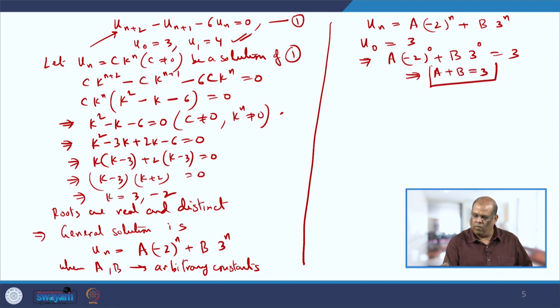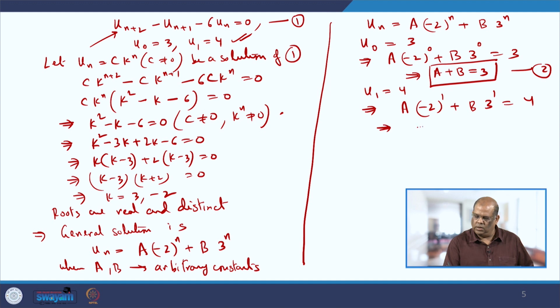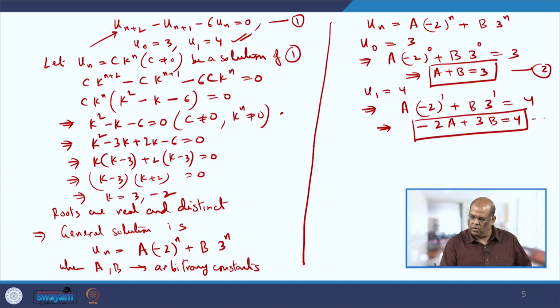So you get one equation, say number 2. And you have u1 equal to 4. This implies a (minus 2) to the power 1 plus b 3 to the power 1 is equal to 4, and this is minus 2a plus 3b equal to 4. This is equation 3.